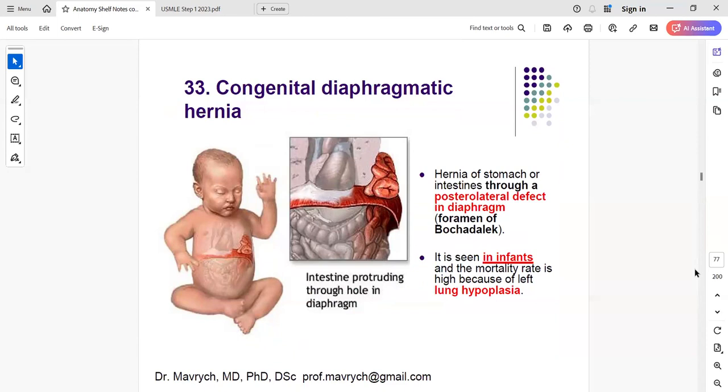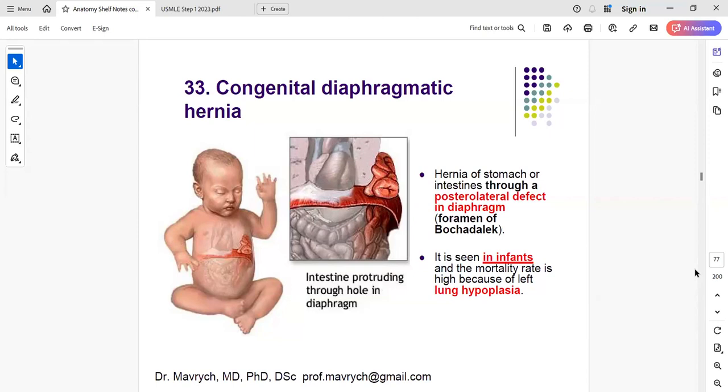Okay, CDH, very important. Congenital diaphragmatic hernia, usually you're able to see such a problem at the 20th week anatomy scan, but just in case it's missed, you would see it in the infants. They would ask you where the defect would be.